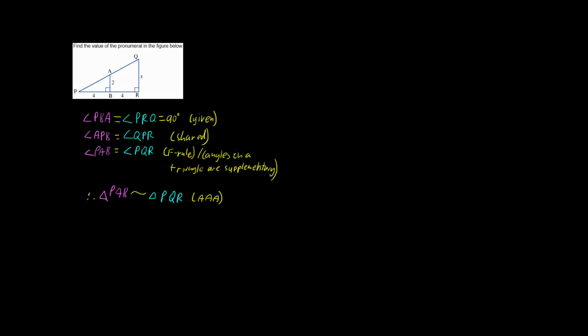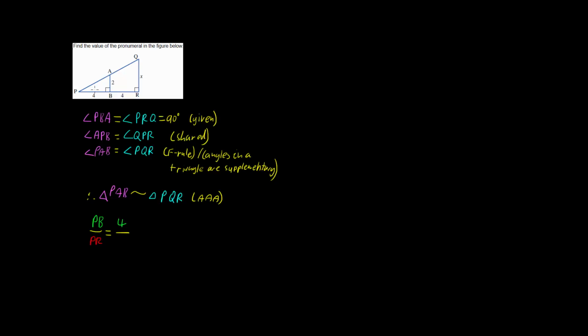So let's first have a look at the scale factor between these two triangles. We've got the triangle length P to B, and we'll have a look at the scale with the distance between P and R. The distance between P and B is given to us as being 4.